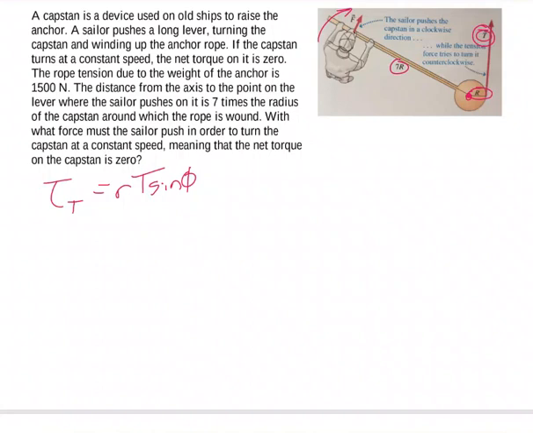And we learned that yesterday. Now that is actually going to wind up being, if we use the moment arm, we can call that big R, the radius, times the tension.